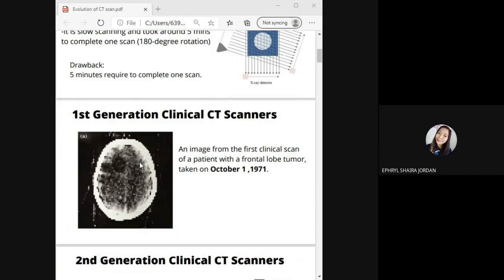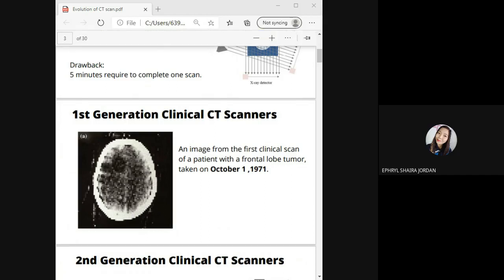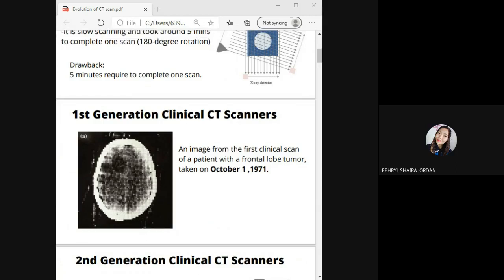Because I know it is very straining for a patient to stay still for 4.5 minutes or 5 minutes during a scan, di ba, without moving. So eventually, the patient would move. That is why we have this low quality image. So to reduce scan time, since yan man ang main drawback ng current generation na ito, the second generation CT scan was built.